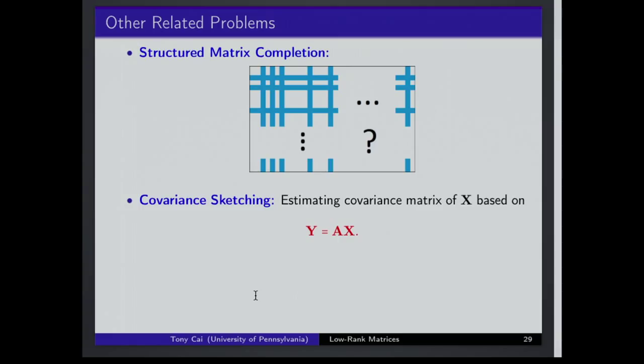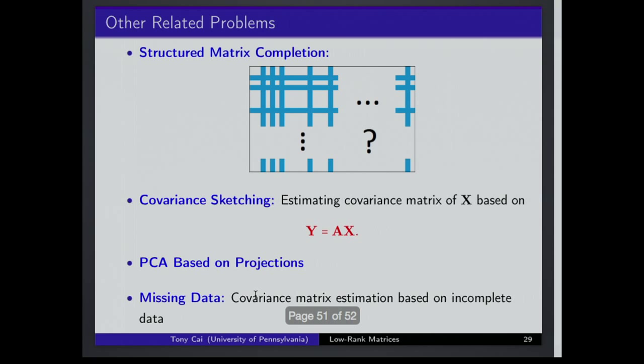Another problem, and Rob is here, is that you want to estimate the covariance matrix of a data matrix called X, but you don't get to observe X. You observe a projection of X, so A times X, a sketched version, but you still want to estimate the covariance matrix. There are also other problems like PCA based on projections instead of original samples. And one last problem is covariance matrix estimation based on incomplete data. I guess I'll just stop here and take some questions.